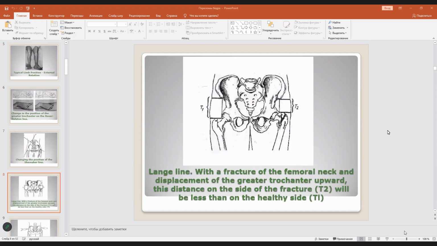Nelaton line: with the fracture of the femoral neck and displacement of the greater trochanter upward, this distance on the side of the fracture, T2, will be less than on the healthy side, T1.